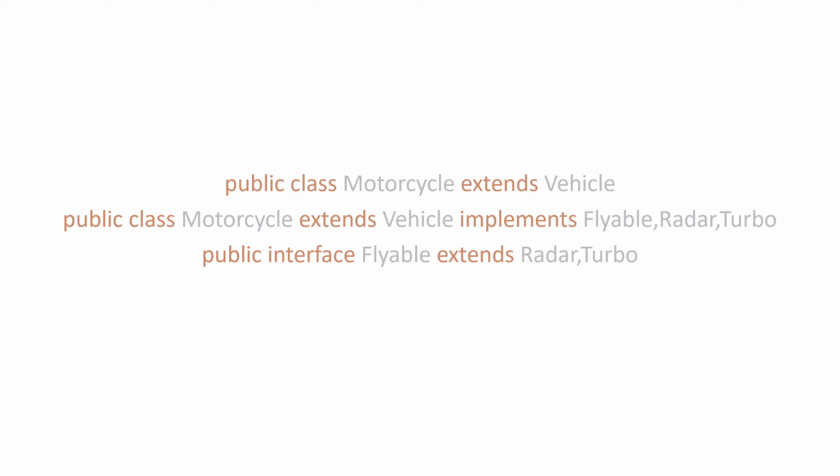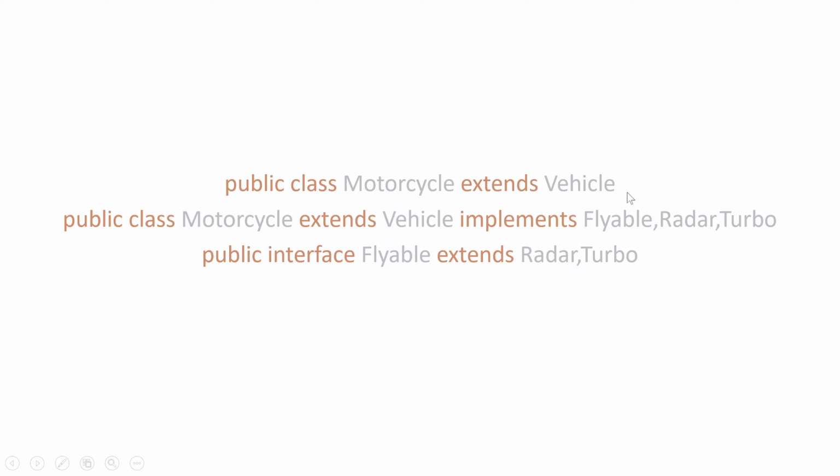Public class motorcycle extends vehicle implements flyable, comma, radar, comma, turbo. Radar and turbo are not in our exercise, but this is a way to show you I can implement multiple interfaces on a class. Okay?